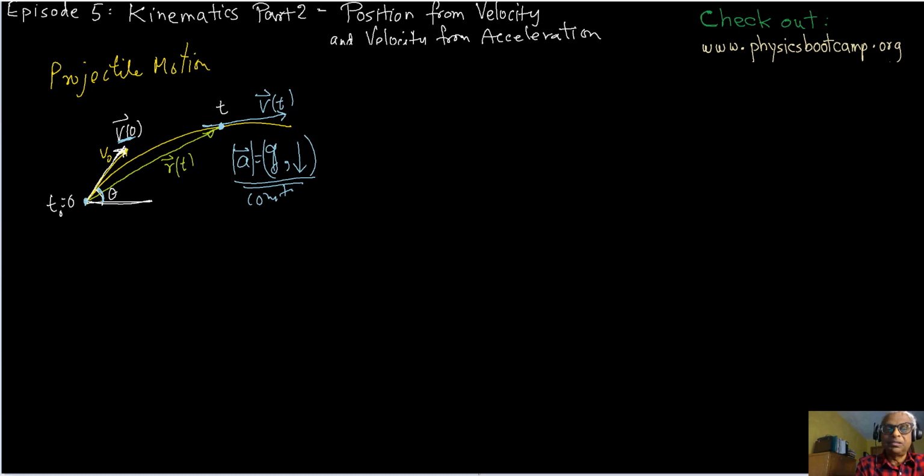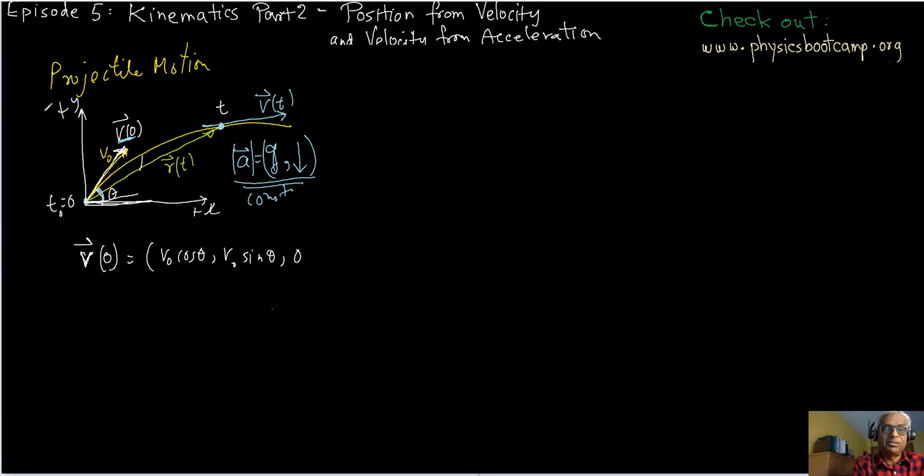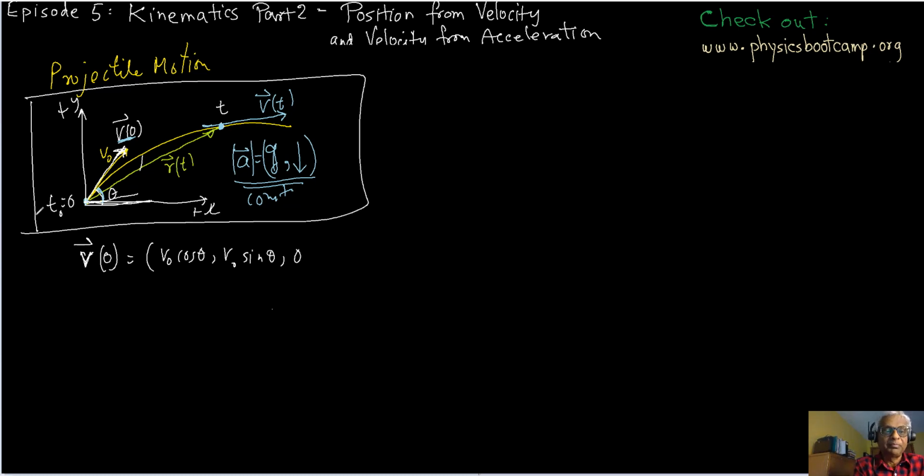In this coordinate system, let's call this direction positive x, and this direction positive y. As far as the velocity at time 0 is concerned, the x component will be v0 cosine theta, the y component will be v0 sine theta, and z will be 0, because everything will happen in this plane.